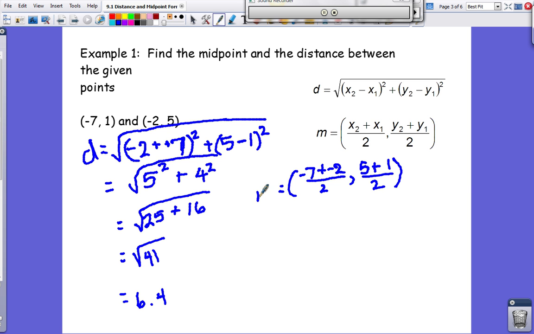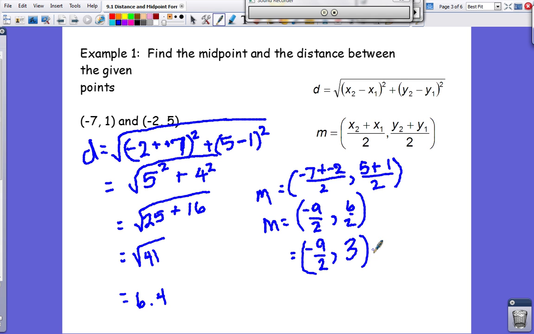So this is our midpoint. Then the rest of it is just simplifying. So -7 plus -2 is -9 over 2. And 5 plus 1 gives me 6 over 2. And if we simplify those, we're going to leave -9 over 2 as it is. And then 6 over 2 simplifies to 3. And there's your answer.